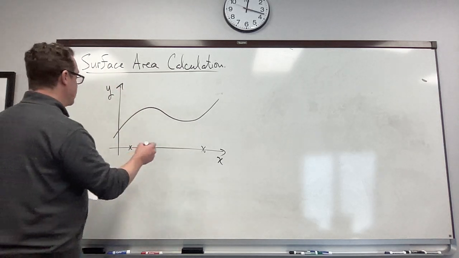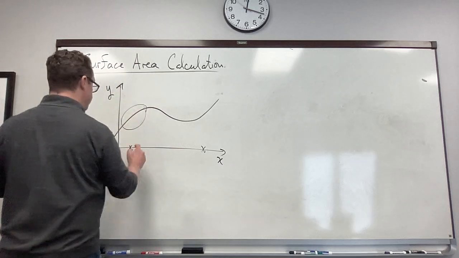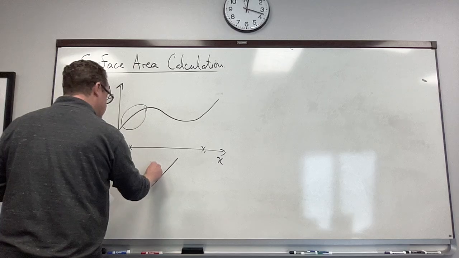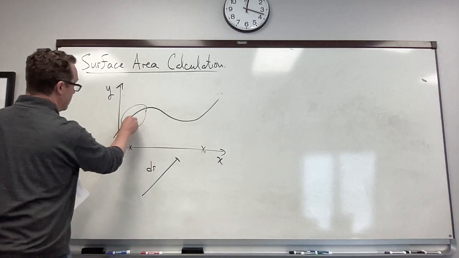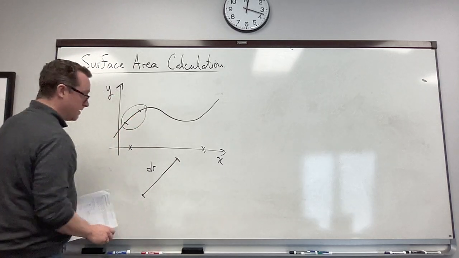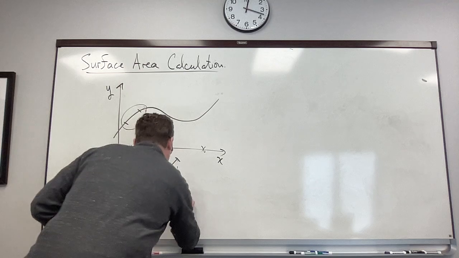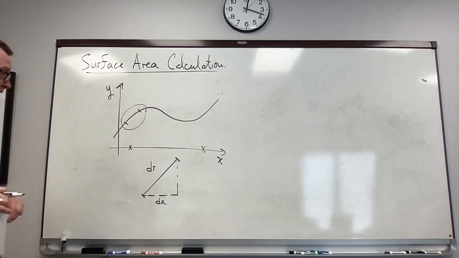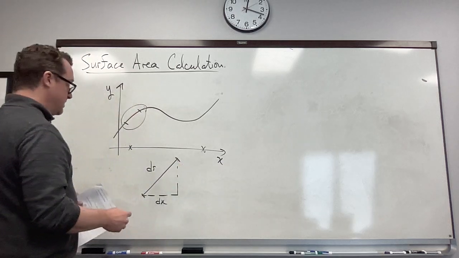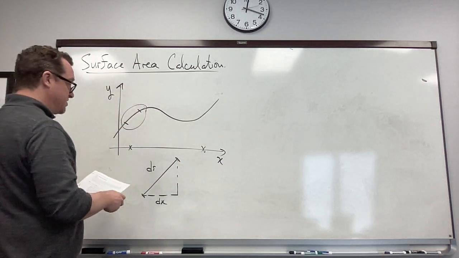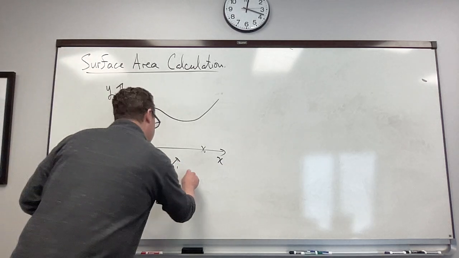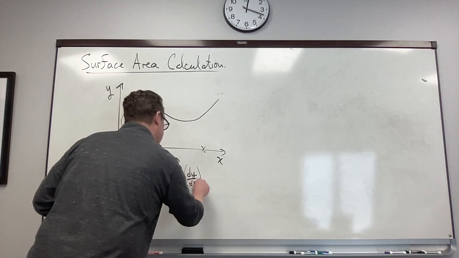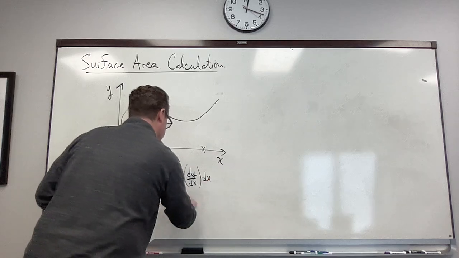And if you actually think about this, if you just look at a little slope spot, let's blow that up. The arc length contribution is this length here. I want to know the length from here to here. So I'm just zooming that up. Well, what is that? If you think of this as the step in x, then this step here is the step in y, but that's really the slope times the horizontal step.